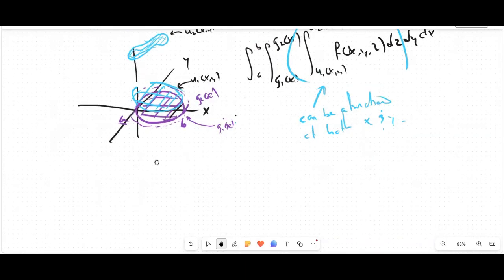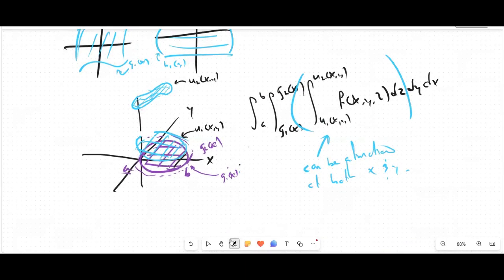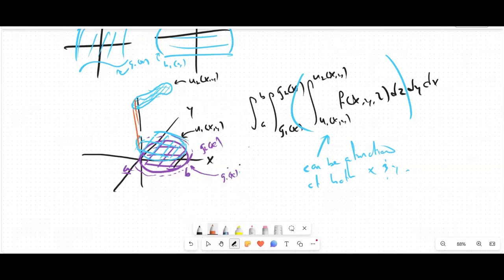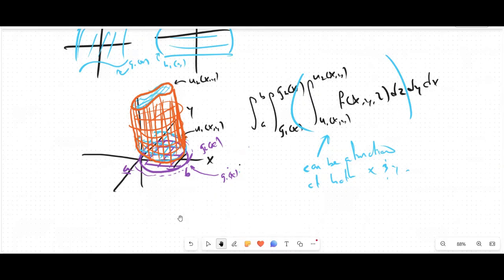So let me just draw the region we actually just integrated over. It's kind of a cylindrical looking region, right? Between these two surfaces. If you saw this shape and you were asked to set up an integral over it, how would you do this?